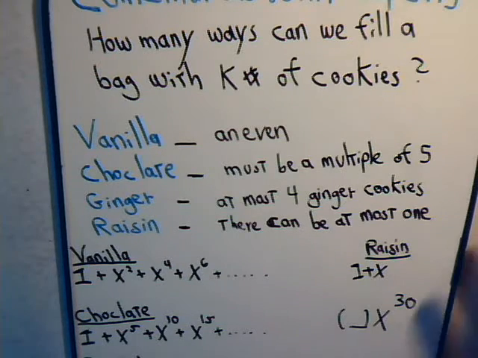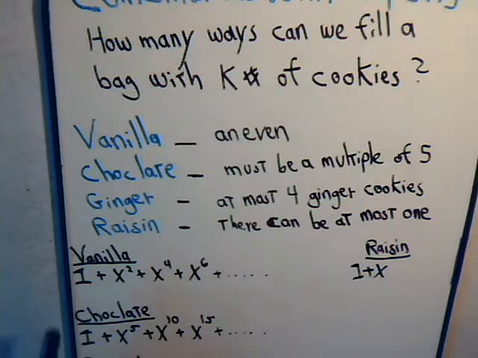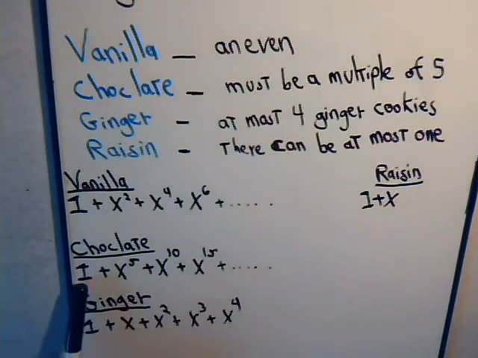Now, as you might imagine, multiplying this infinite series times this infinite series times this would be horrendously difficult.